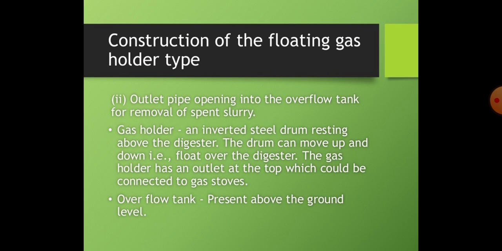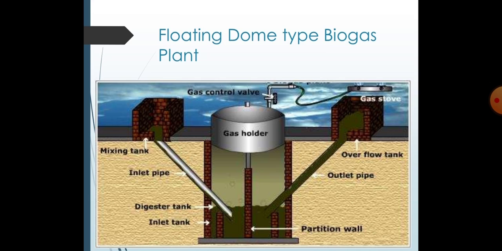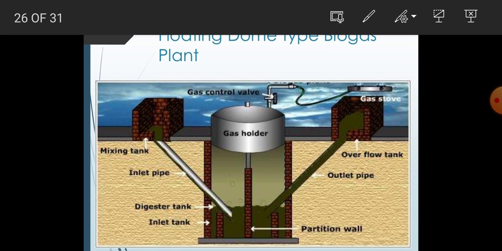This is similar to the fixed dome, only there's a difference in the digester tank. So we'll see the diagram. As we can see here, similarly as in the fixed dome plant, there is first a mixing tank which is above the ground level.